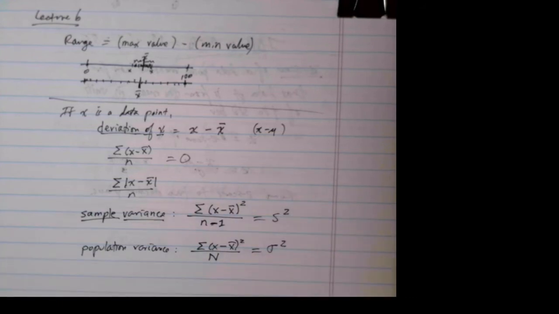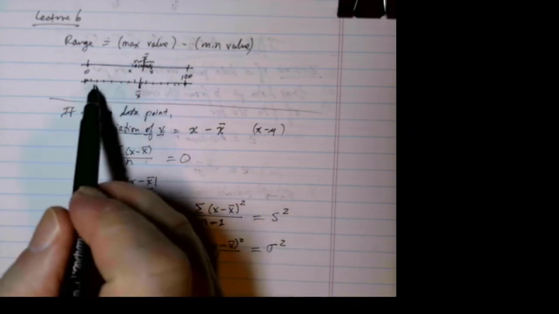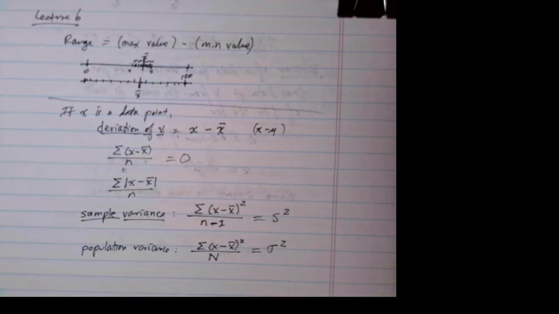All right. There is a problem with the variance. The variance does vary beautifully with how spread out the data is in general. The variance of this data set would be much, much smaller than the variance of this data set because this data set is much more spread out, and that's exactly what we want. But there's a big problem with the units.